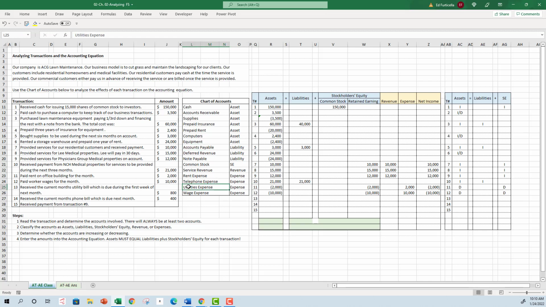Because we're not paying the bill at this point, we cannot use cash. We use accounts payable to represent the fact that we owe the utility company 1 month utility bill of $800.